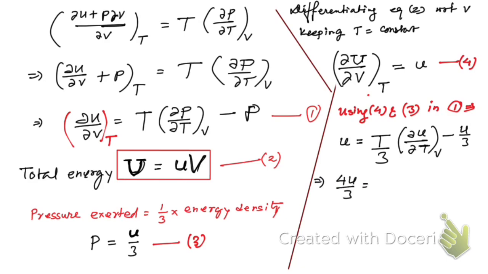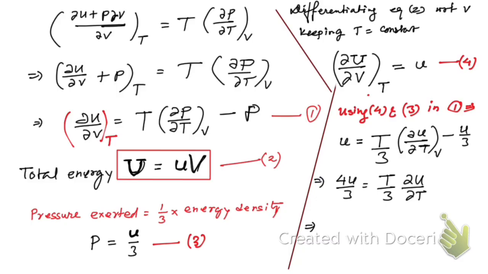Then on the other side, capital T by 3, del U by del T, here at volume V. We don't need to mention this every time, so we can simply write this one here. Now we can write this in this form.